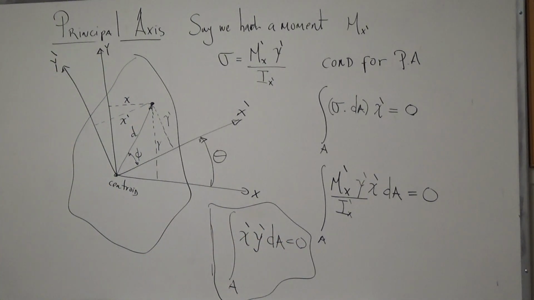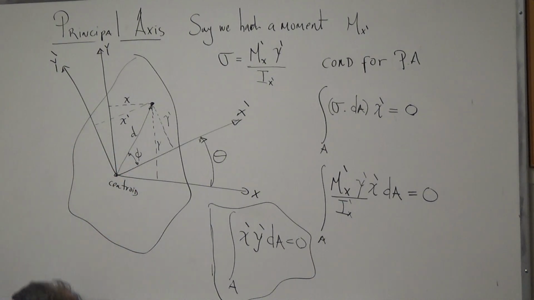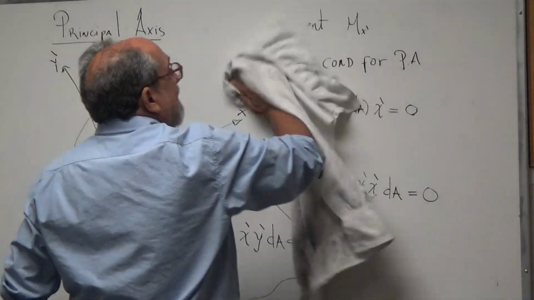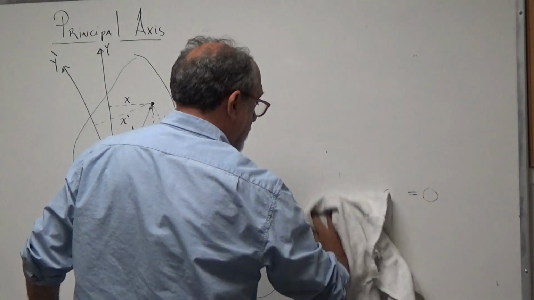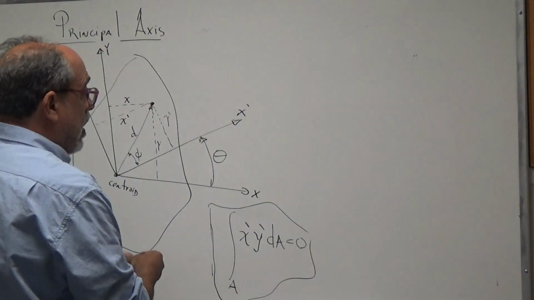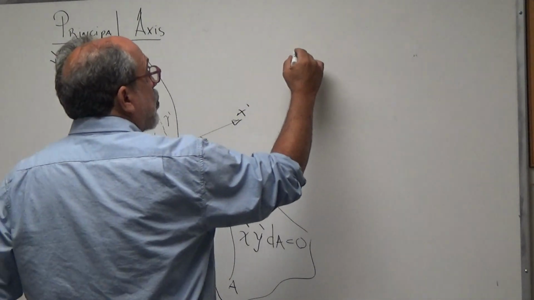Now, for those of you that may not be following, let's say just to make it even clearer. Let's say that we have this cross section.